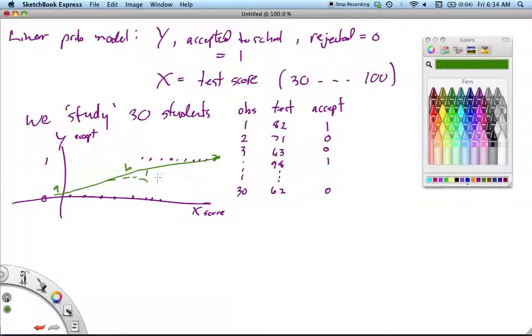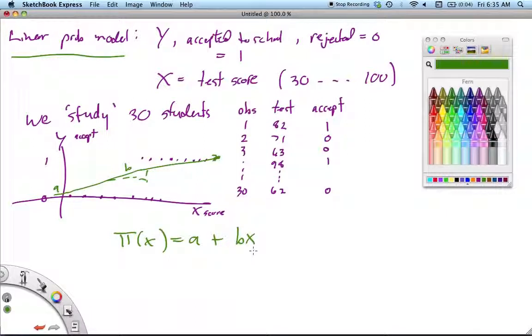And you would be able to input an x value, and this should tell you something about the probability that you get accepted. This is called a linear probability model, just for this reason. So we could say the probability of getting in, which we can call pi, as a function of x, is just going to be a plus b x.